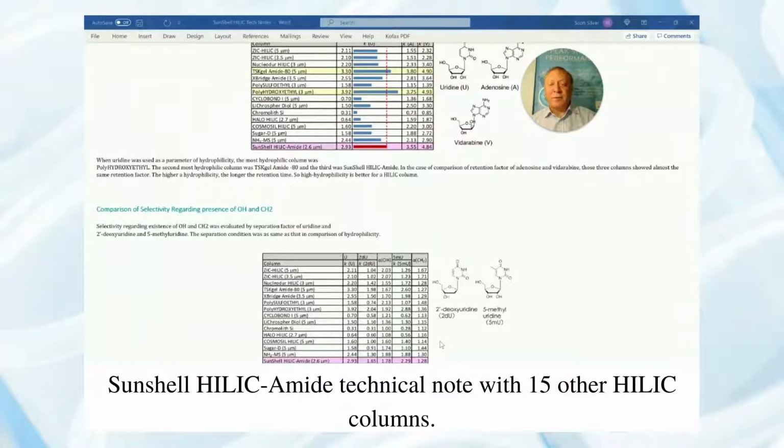In the case of the Sunshell HILIC-Amide column, it held up quite well in both selectivity and separation factor, as you can see in the pink here.